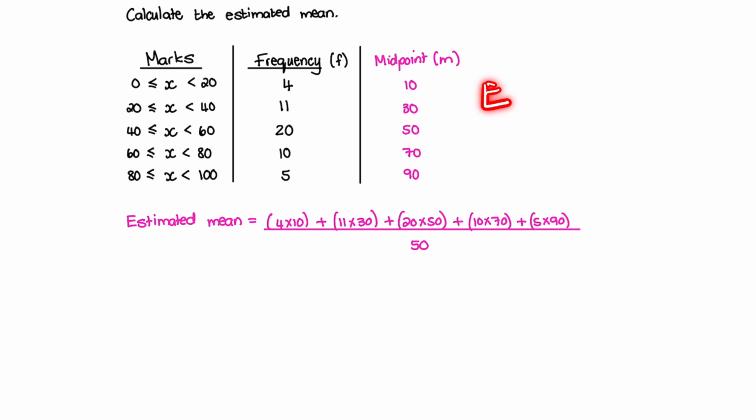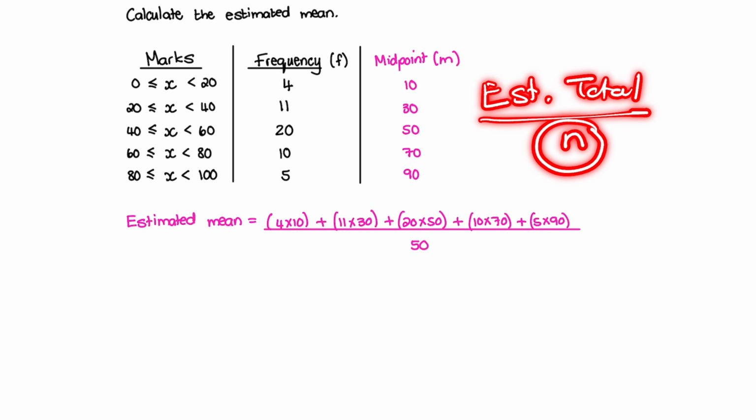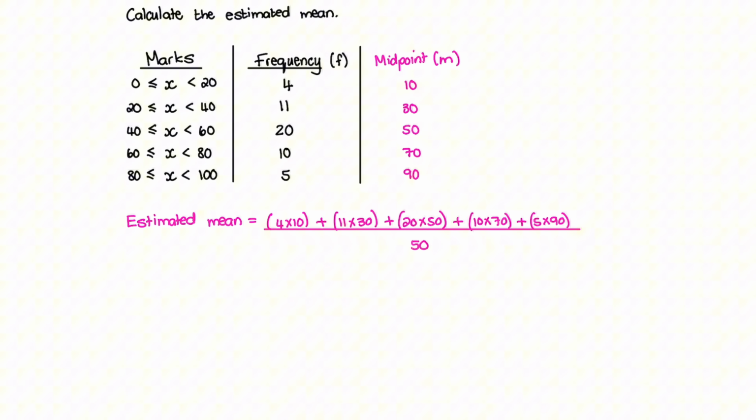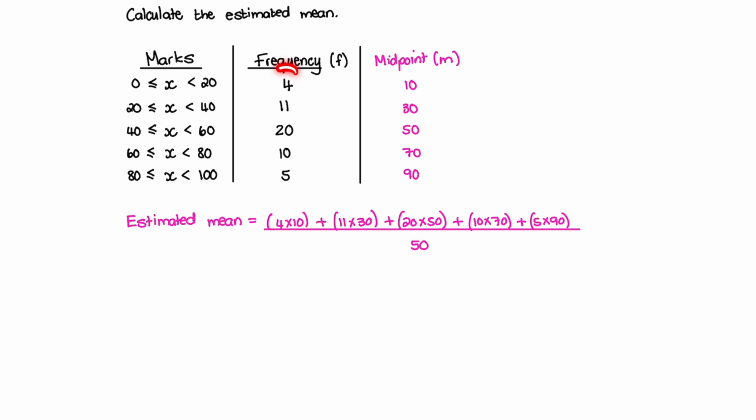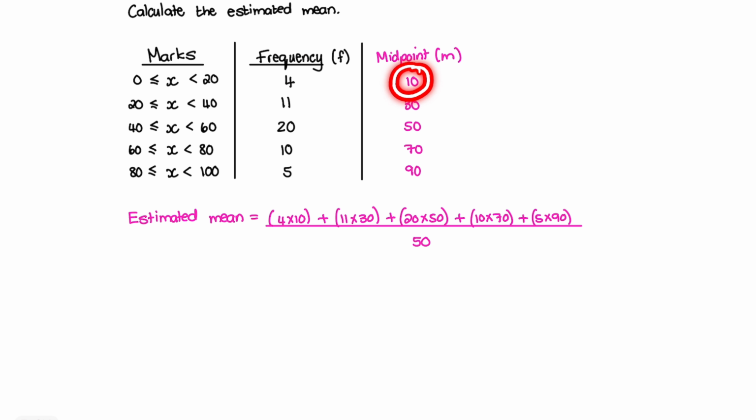So I said we need to find the estimated total and divide it by the total number of people or values that we have observed. So if you take the frequency table and you add these values up, the big total is 50. So we observed 50 values in this study. Now for the estimated total, we have 4 values that are around 10. So it is 4 times 10.